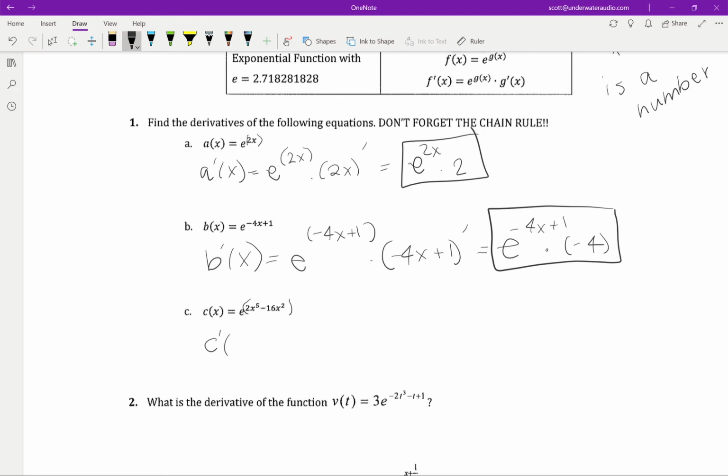So the derivative of the outside function is still just e to the x with everything plugged back in, and then times the derivative of the inside function, 2x to the 5th minus 16x squared. So simplifying, e to the 2x to the 5th minus 16x squared, and then times the derivative of this one, which is 10x to the 4th minus 32x.